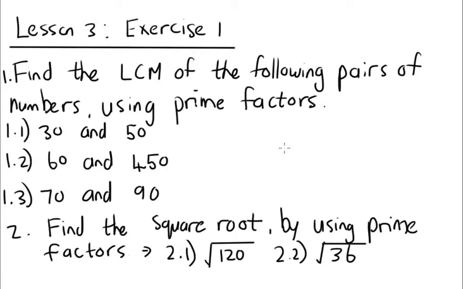We're going to start with 1.1, where we want to find the LCM of 30 and 50. We're going to start with 30 and then 50. So let's draw our grid.